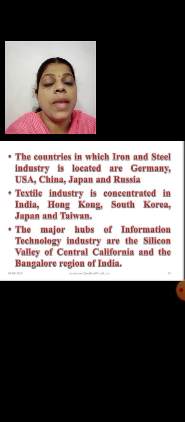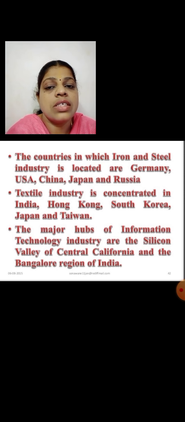And major parks are concentrated in these cities. We can see many infotech companies in every nook and corner in Bangalore. So these are the various countries where these particular industries are situated.